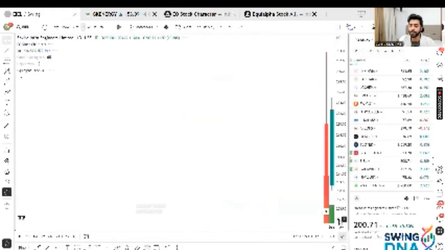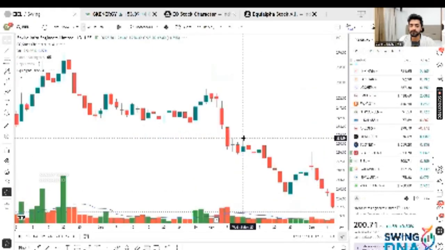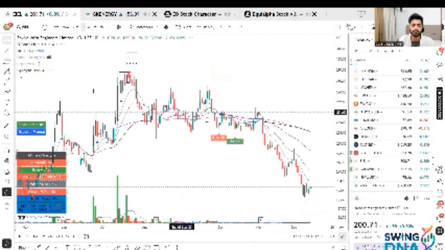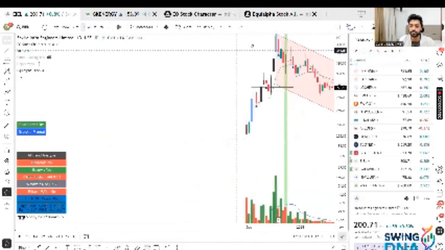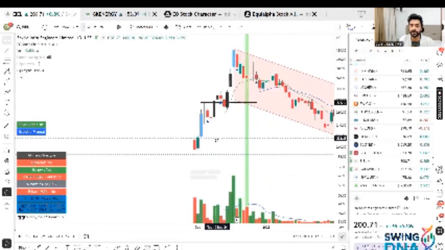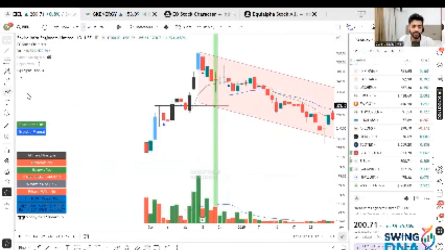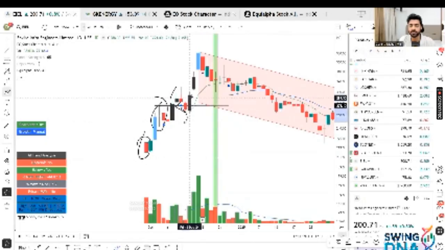EIEL. This one gave a kind of fine move, but again, it was very volatile. You have squats here, here, then a breakout, next squat here, fell back below the breakout level.